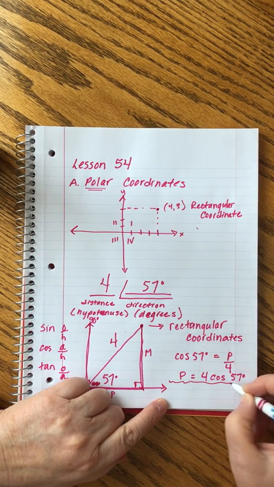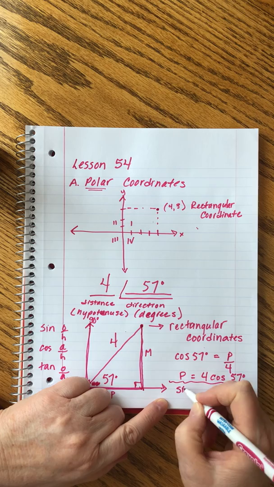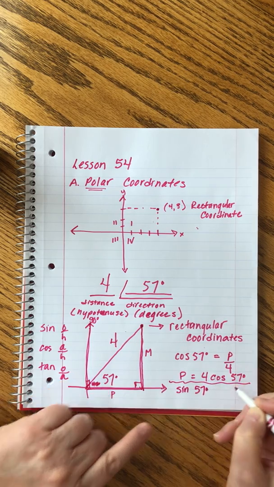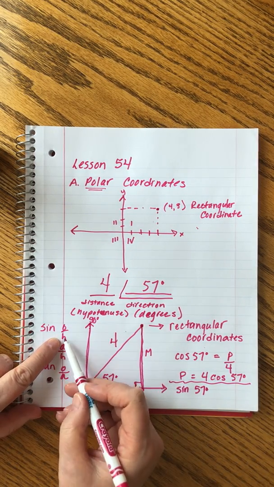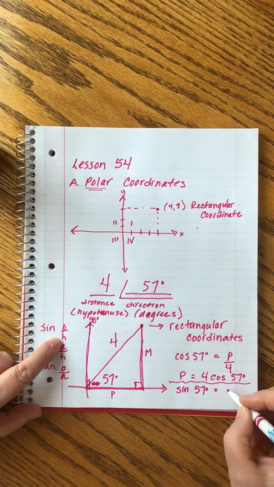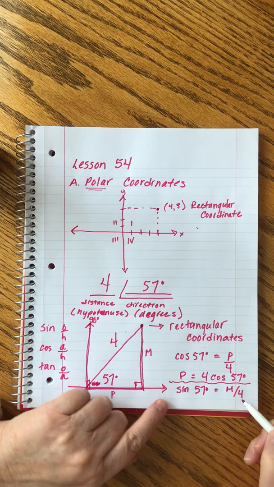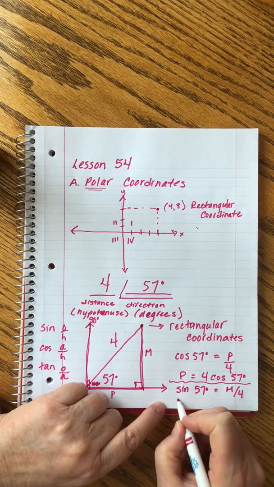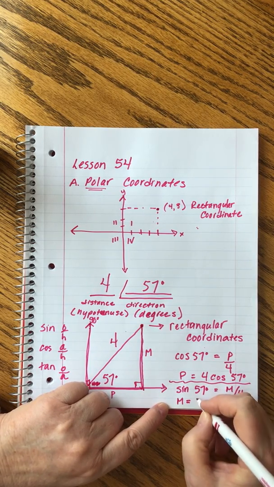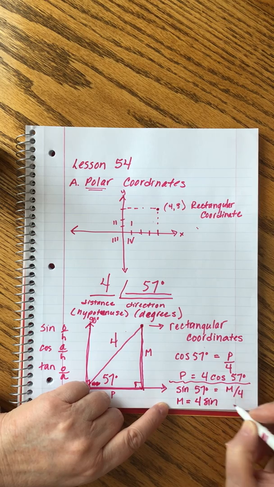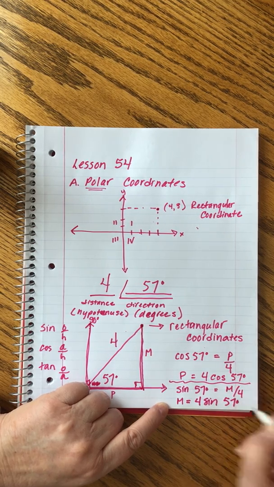Similarly, I'm going to put a little squiggle here. The sine of 57 degrees, sine is opposite over hypotenuse, that will give me M over 4. And so again, I can cross multiply and rewrite this to say M equals 4 times the sine of 57 degrees.